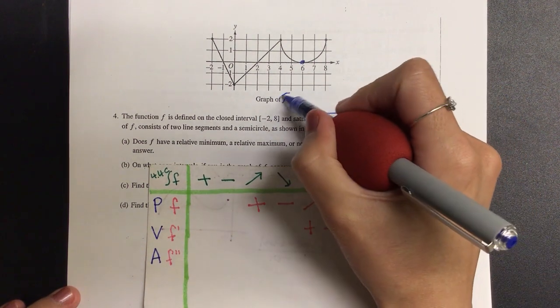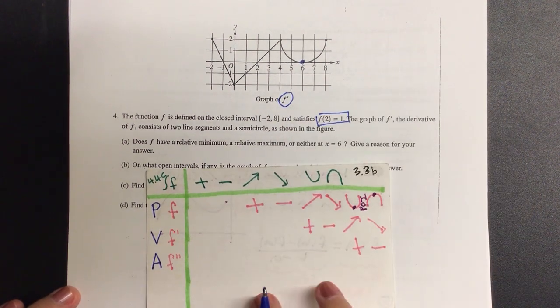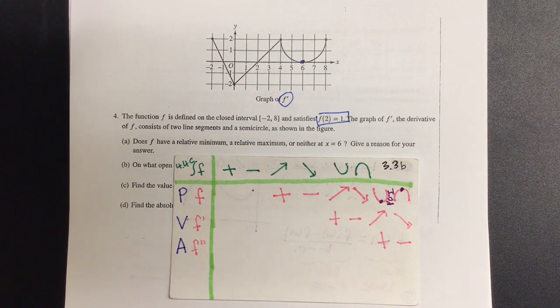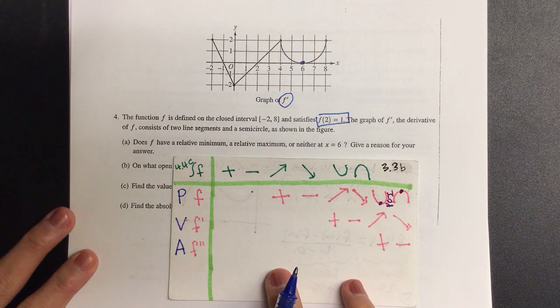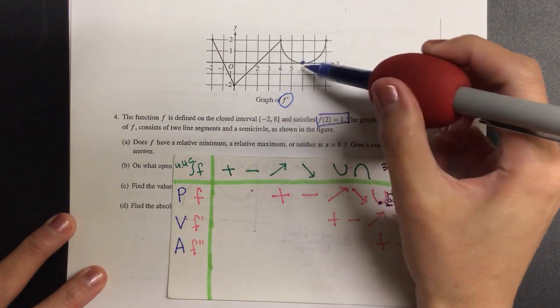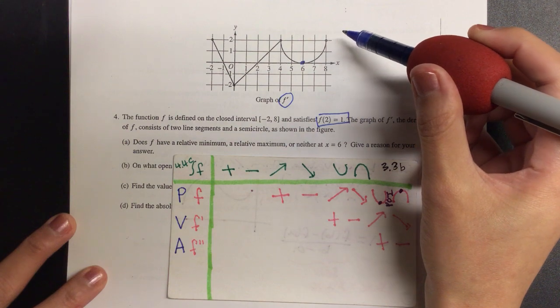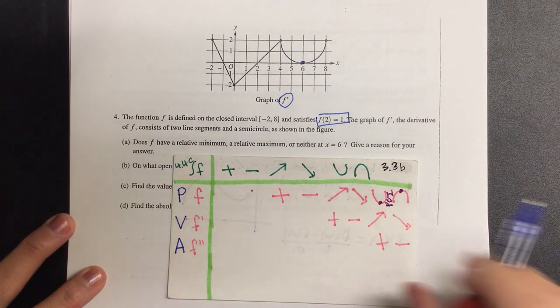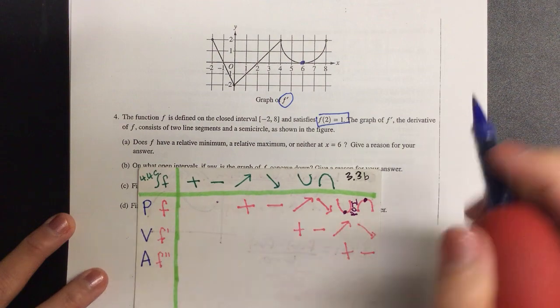So this graph is f prime. It is not the f graph. And we want to know if the original f has a relative minimum, maximum, or neither at x equals 6. So at x equals 6, are we changing directions? Let's see.